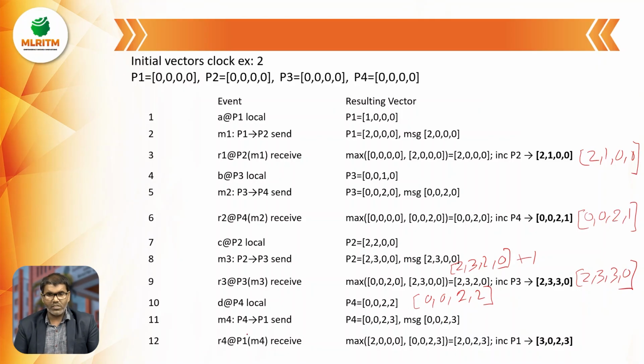And last one, R4 at the rate P1 of M4, means here process P1 receives M4. By incrementing the 1, we are getting P1 as 2 comma 0 comma 2 comma 3. After incrementing, 3 comma 0 comma 2 comma 3. Like this we will get.